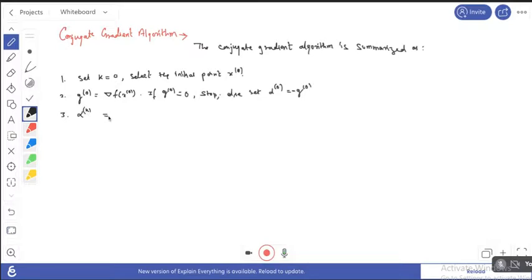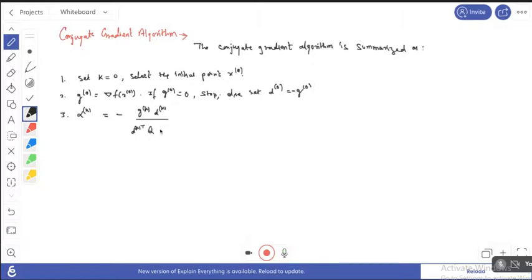Then you have to find the value of alpha, the step size. That step size is defined as minus of gk transpose dk, divided by dk transpose Q dk, where Q is the quadratic form matrix of the function we have to minimize.